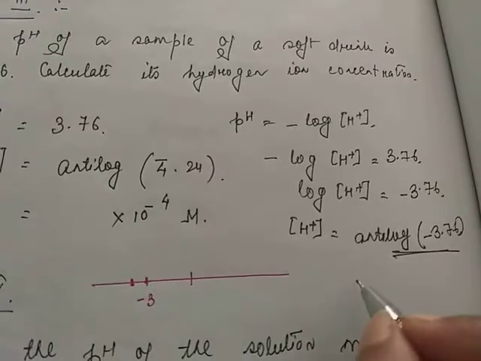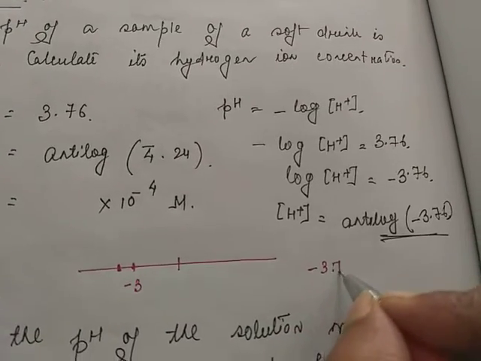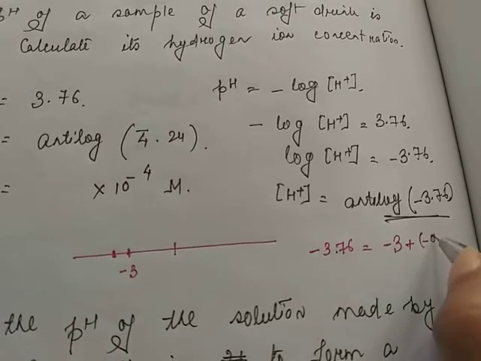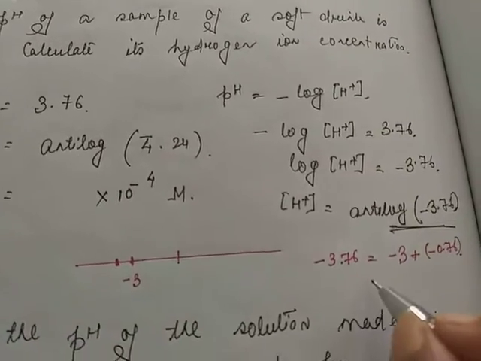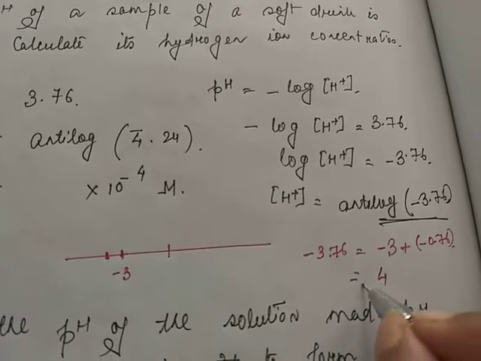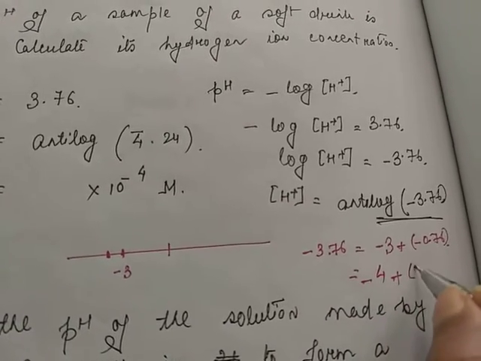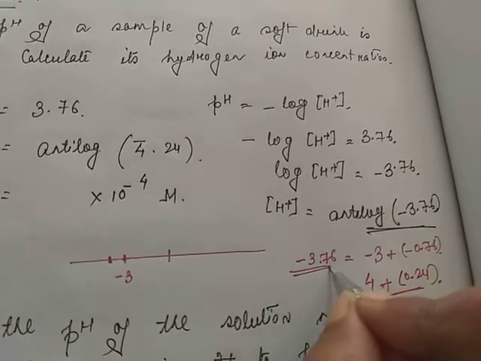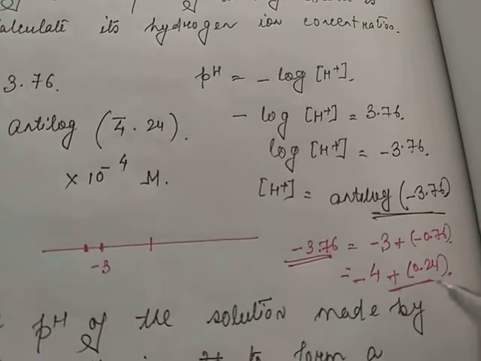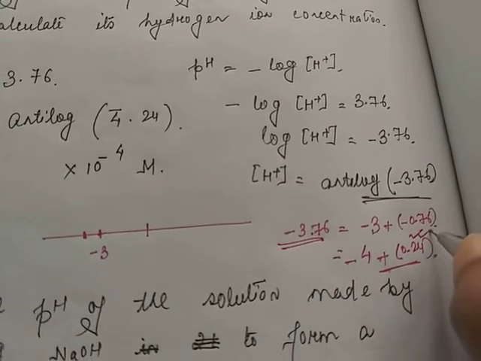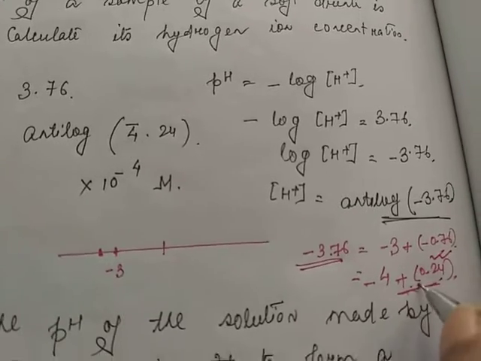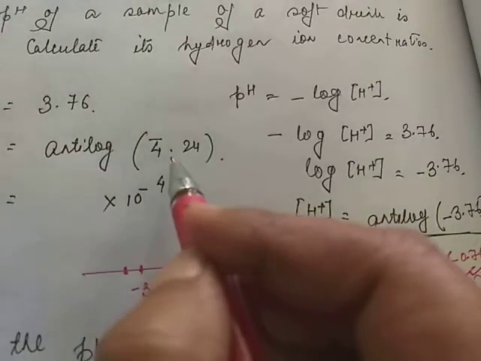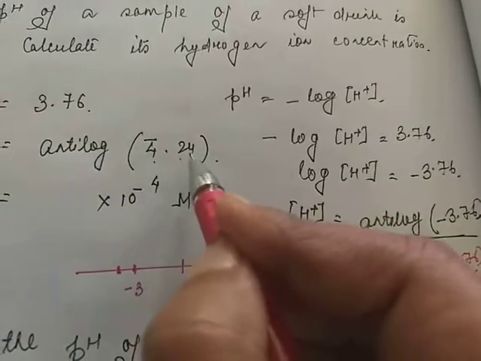Rather, this minus 3.76, which is equal to minus 3 plus minus 0.76, could also be written as minus 4 plus 0.24. All the same, it is the same as minus 3.76. To make this mantissa positive, we made this minus 4 plus 0.24. So it comes 4 bar 0.24.